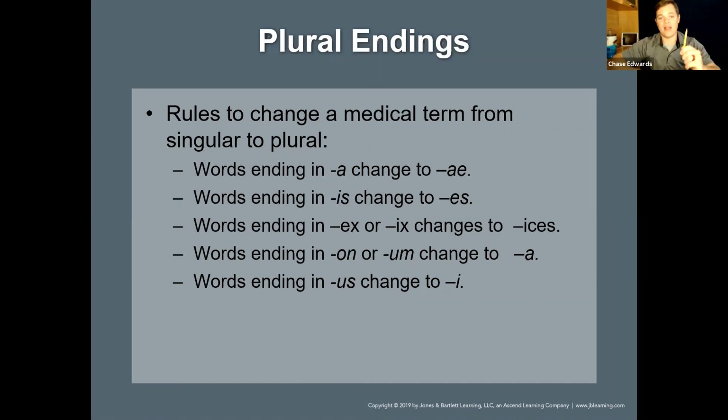To make that plural, you would just take the A and put an E on the end, make it AE. And then it'd be vertebrae at that point, vertebrae being the plural term.